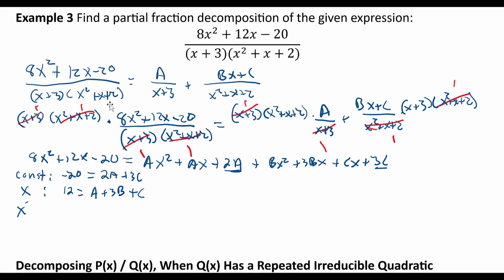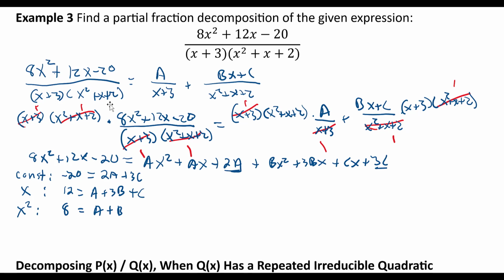And then for our x squared, on the left I see an 8, and on the right I see an A and a B, A plus B. So it looks like we're going to have to go about this thinking about solving down here.